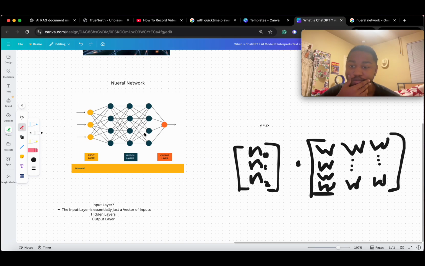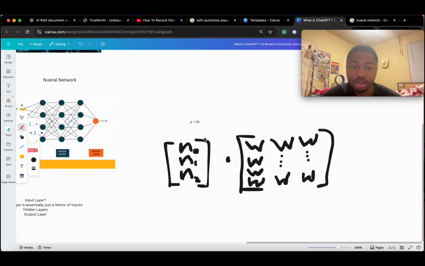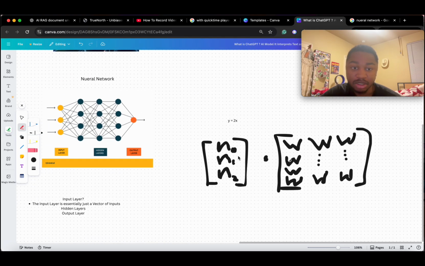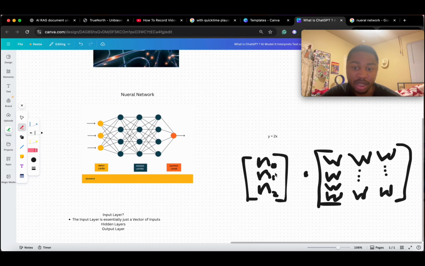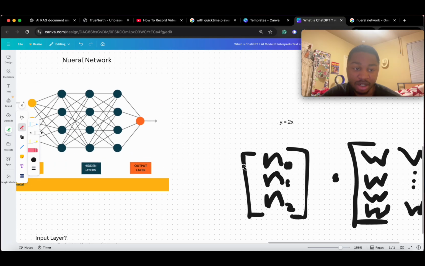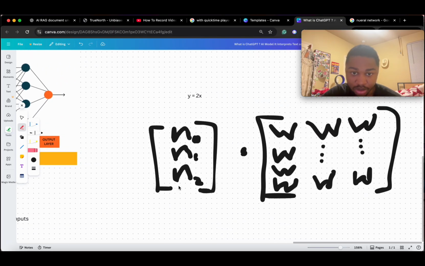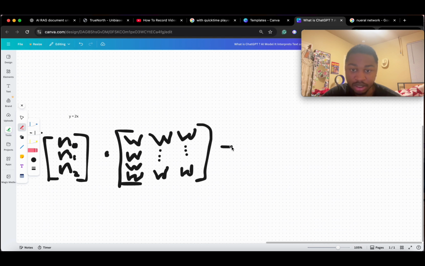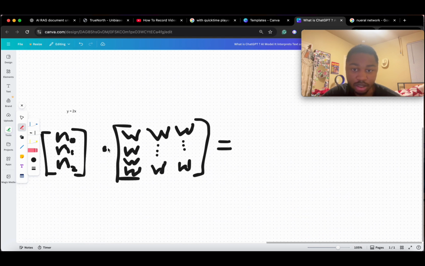Correct me if I'm wrong. Essentially you're multiplying this input vector by a specific matrix of weights, and thus it transforms the input vector from this to something like this.